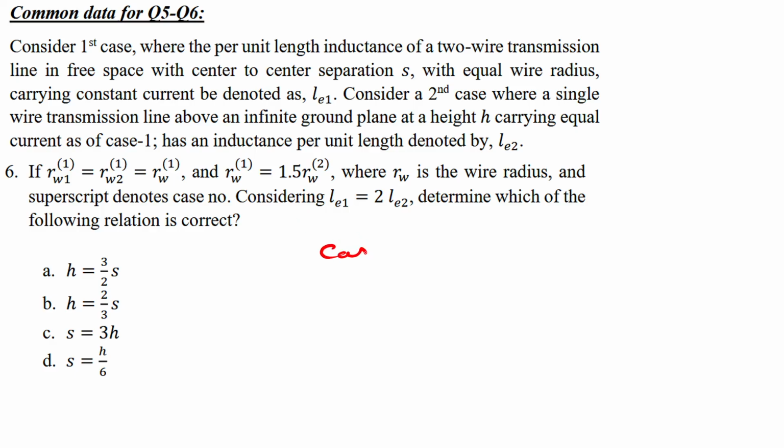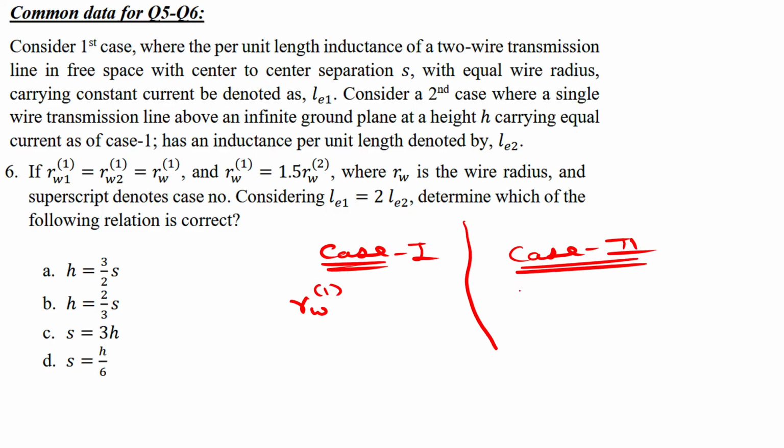In case 1, the two wire transmission line, both wires have the same radius, which is denoted as Rw1, and in case 2, Rw2 is Rw1 by 1.5. It is smaller than Rw1. Whatever the wire radius is in case 1, in case 2 it is smaller by 1.5, 1 by 1.5 times smaller.